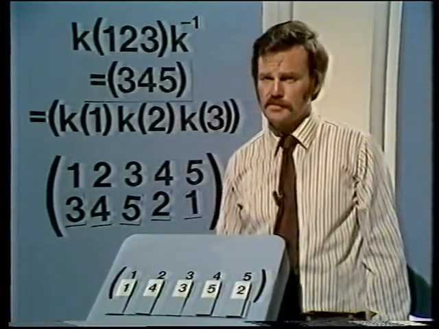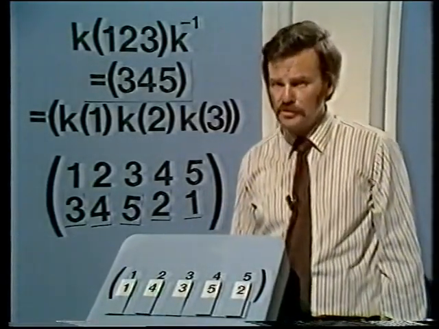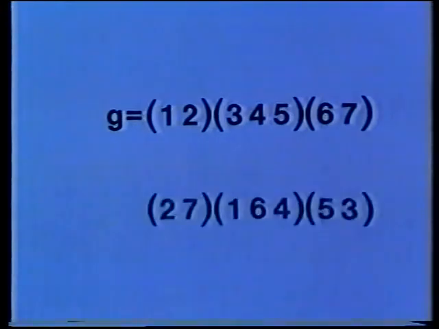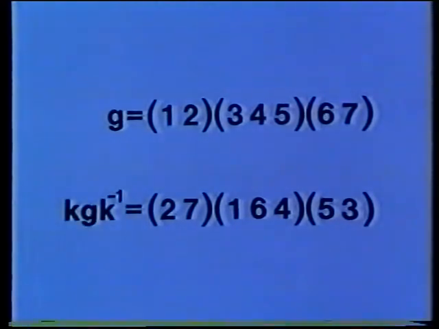Well, we'll do one more example of this, dealing with slightly more complicated permutations. Here's one in S7. It consists of two 2-cycles and a 3-cycle. Now suppose we want to show that it's conjugate to another permutation of the same form. In other words, we want to find a K such that K G K inverse is equal to this permutation.